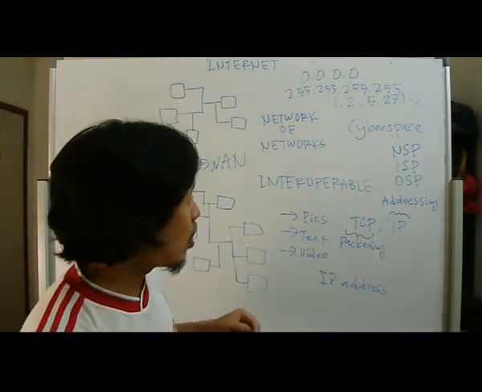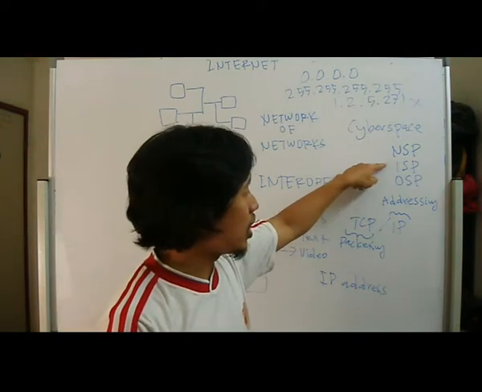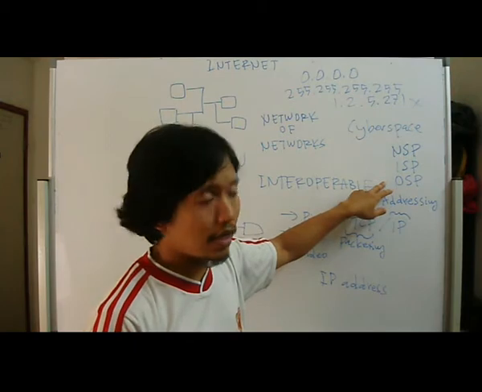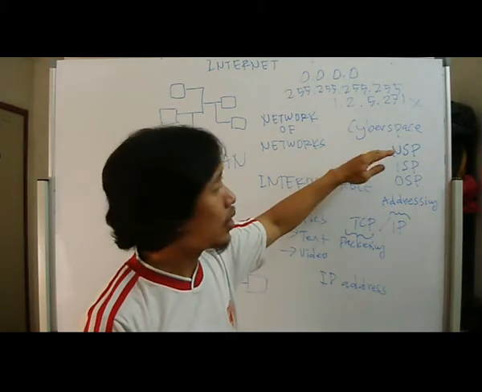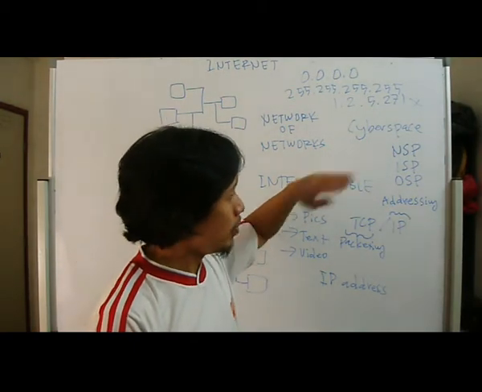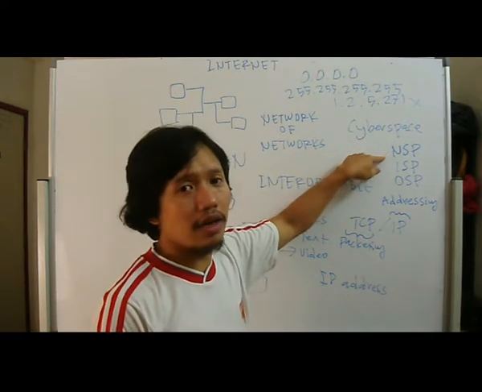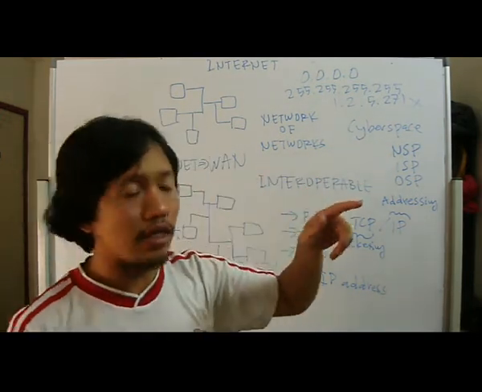So we call these internet service providers. OSP is online service provider. This is the network service provider, which is you can say the companies that were first there when the internet first started.